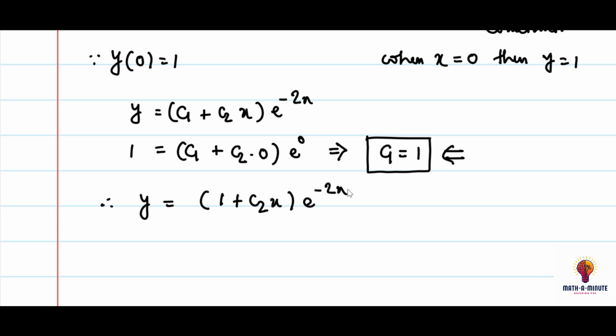If we differentiate this equation, we can write dy dx equals c2 e to the power minus 2x. First we differentiate this, then if we differentiate the other part, it will be minus 2 e to the power minus 2x into the whole function into x.